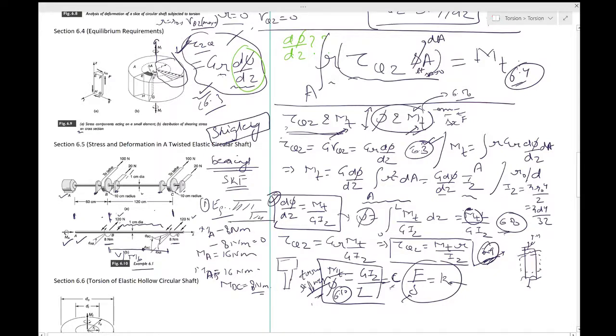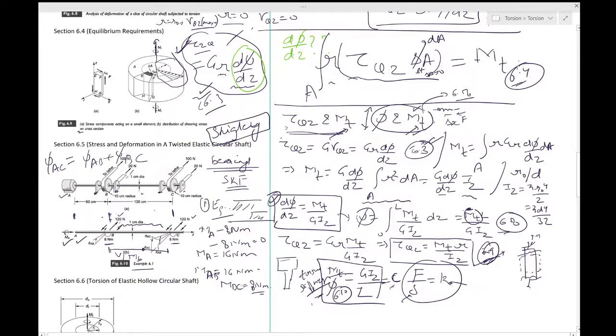So what about the geometric compatibility of the two parts AB and BC? The total twist phi AC will be equal to the twist AB plus BC.